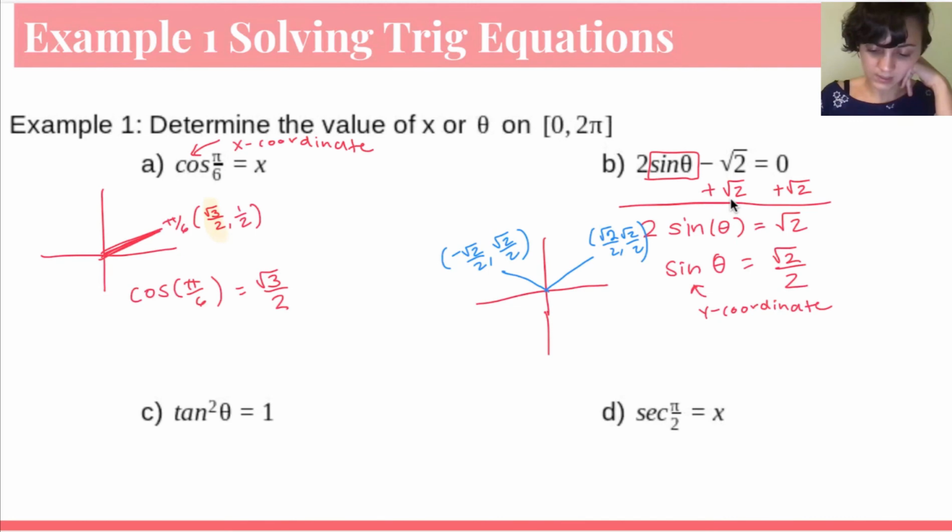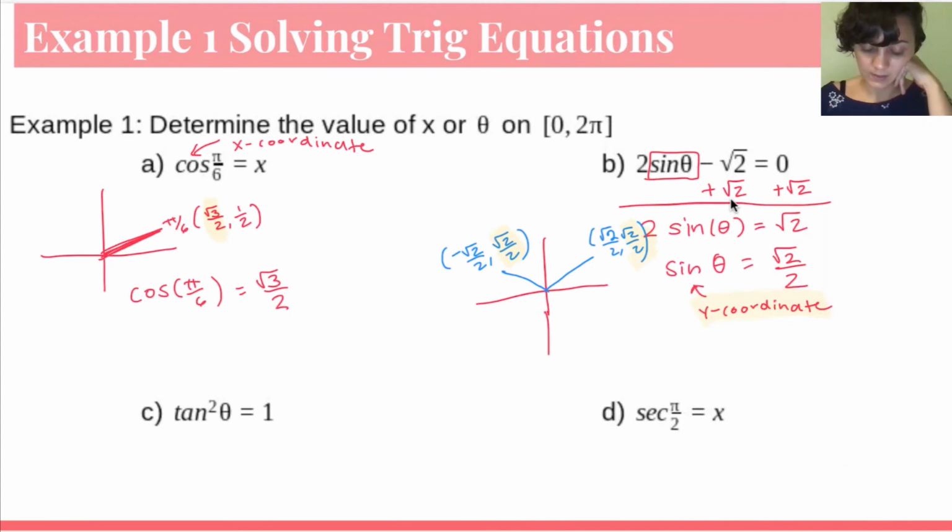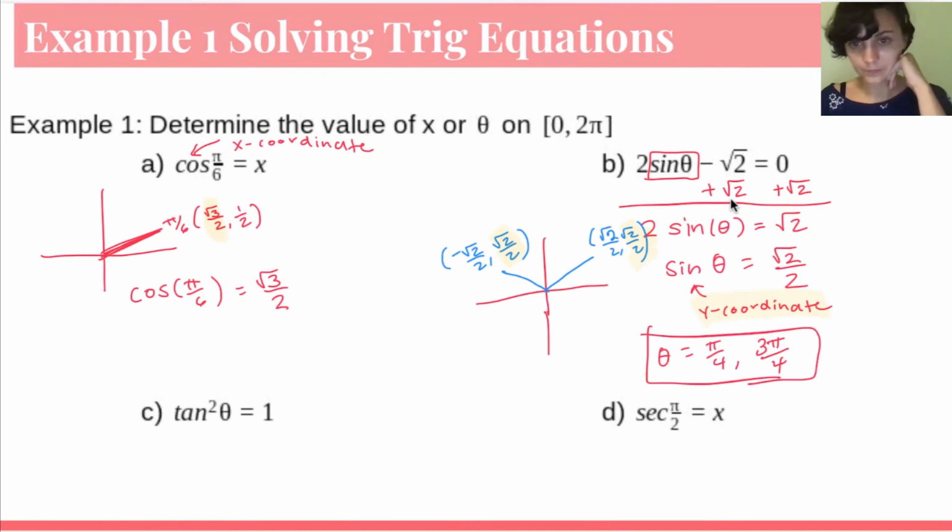In both of these, I'm looking for the y coordinate. So I have two answers in this case: theta equals pi over 4, and theta equals 3 pi over 4, because those are the two angles where the y coordinate is equal to square root of 2 over 2.